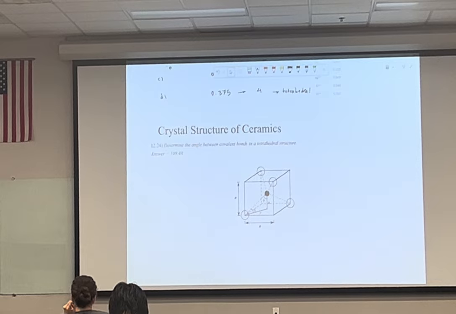It's actually just pure geometry. But since you will have this question in your homework, that's why I included it here.